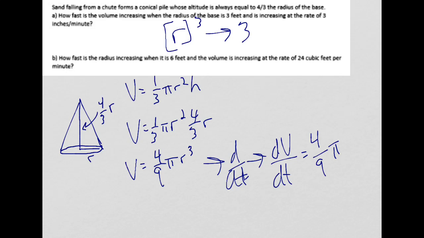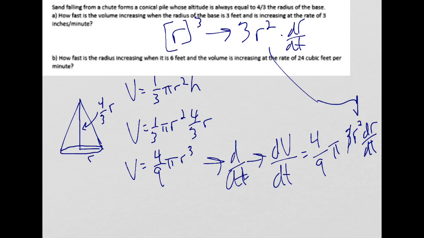So I get 3r squared, but I need to do chain rule and write dr/dt because I'm not deriving with respect to r. Usually we derive things with respect to themselves, but not in related rates. So I get this dr/dt. So this 3 is going to cancel with the 9 and turn that into a 3.